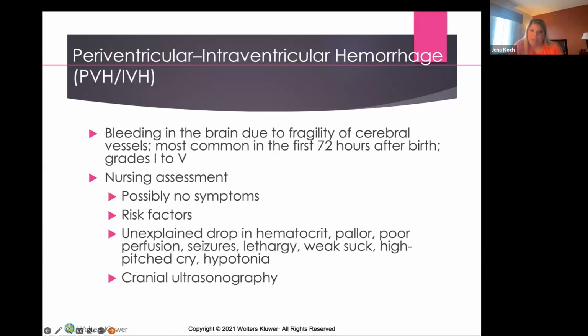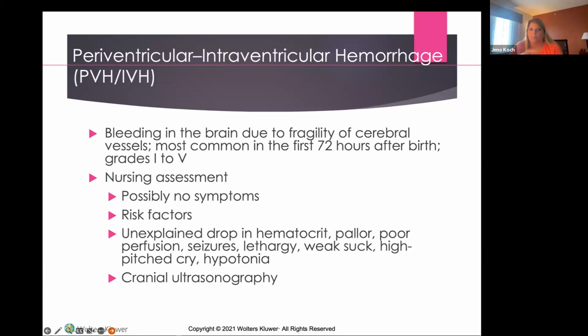PVH, IVH, again, this is the most common in those extremely low birth weight infants, very premature. It's most commonly seen in the first 72 hours after birth, and IVH is graded from 1 to 5. In our NICU, we've implemented the golden hours IVH protocol where we do not weigh a newborn less than 30 weeks for the first 72 hours after their birth.